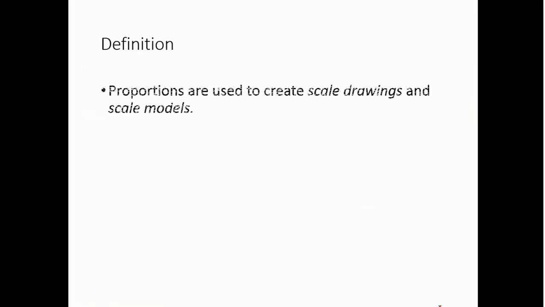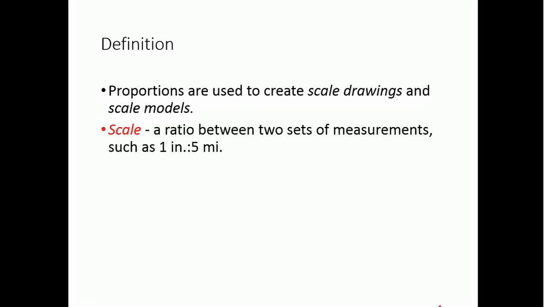Let's take a look at a little bit more definitions. Proportions can use scale drawings or scale models. If you've ever looked down a hobby aisle and found scale cars that you can make out of various things, they say they're like 1 to 50, or 1/50th of the scale. This is what this is used for. This is how they find out how big the wheel should be.